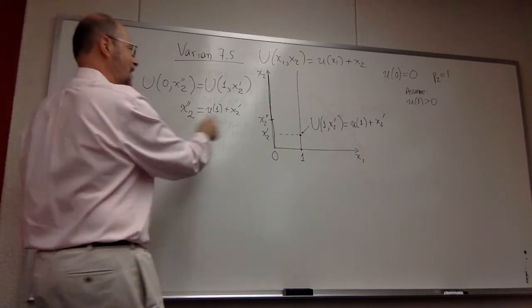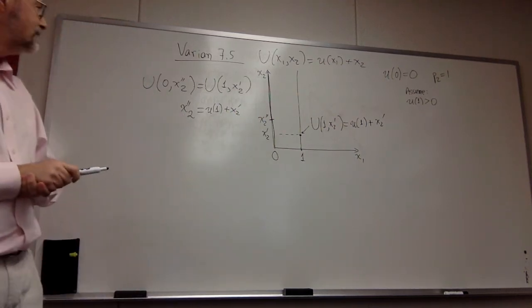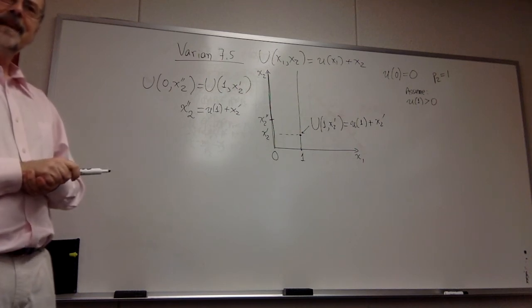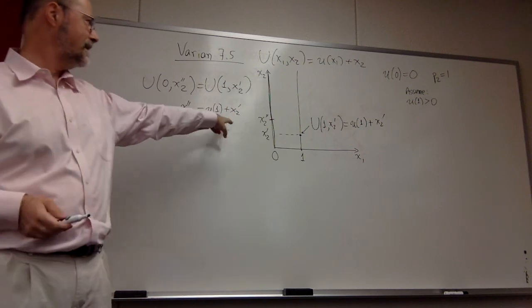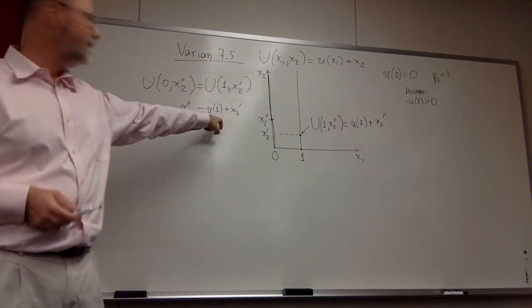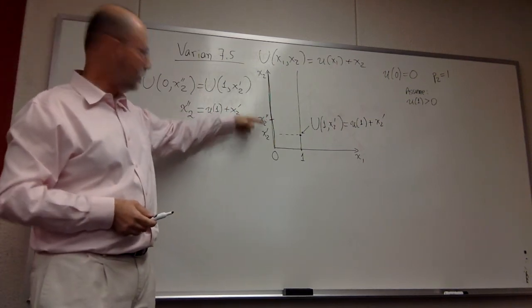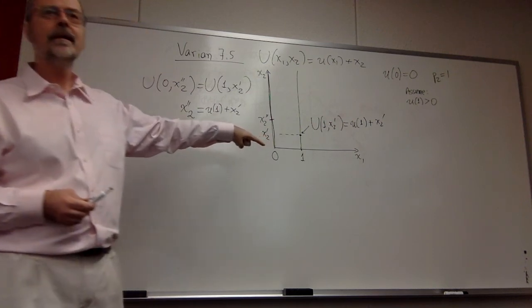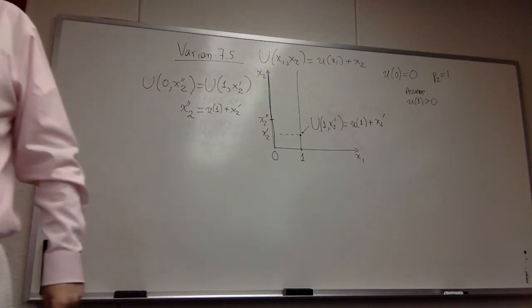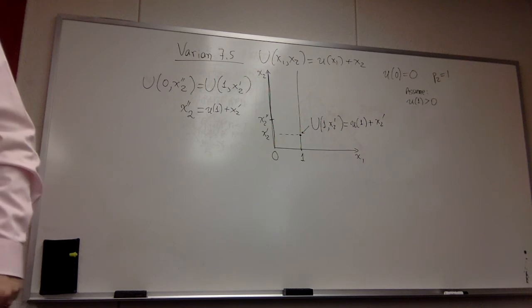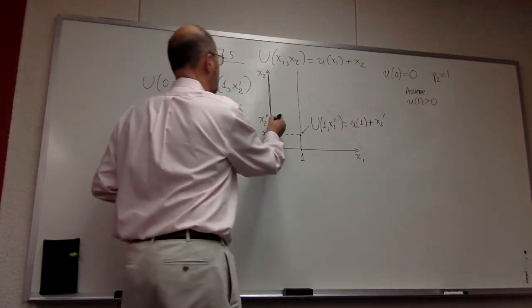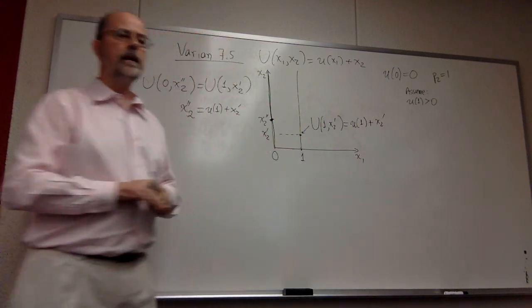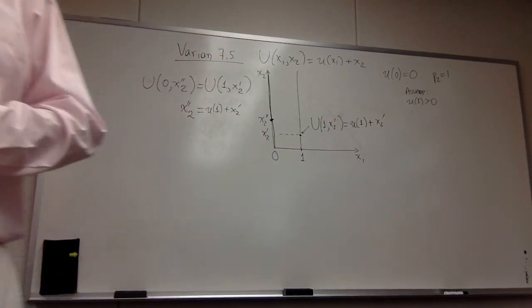That tells me exactly where to put this. And incidentally, now you see, if we had assumed u of 1 is negative, it would immediately tell you that the x2 double prime has to be below x2 single prime. Now you know what it takes for 2 points to be in the same indifference set.